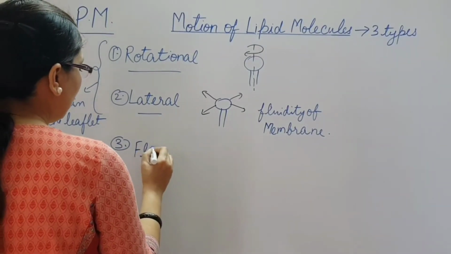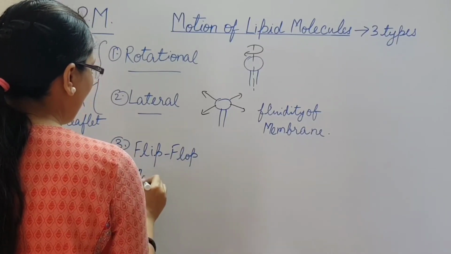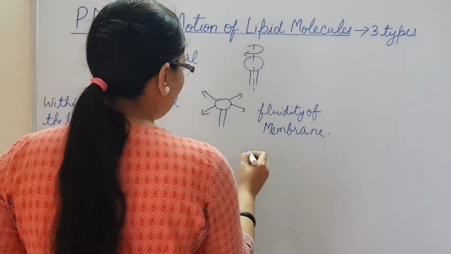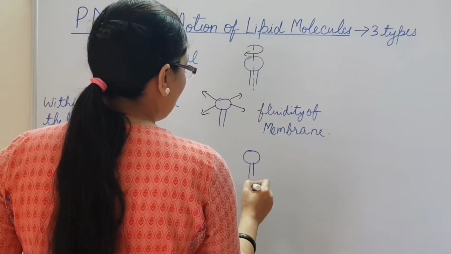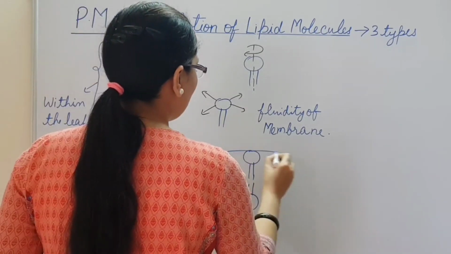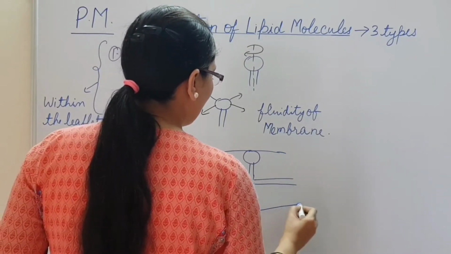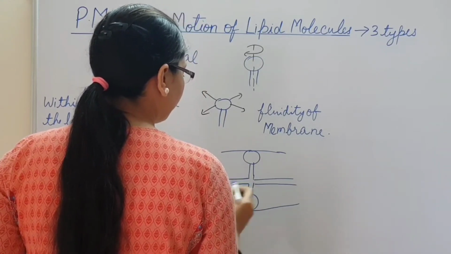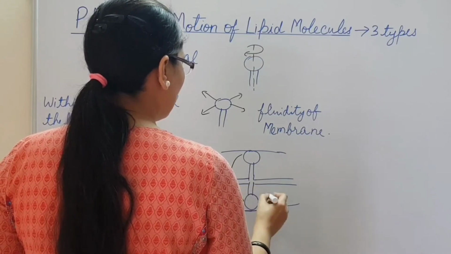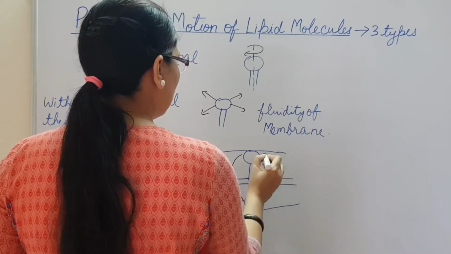Third is the flip-flop motion. In this type of motion, lipid molecules move between the bilayers. Suppose these are two leaflets of the lipid bilayer. This lipid molecule will move to this leaflet and this one will move to this leaflet.